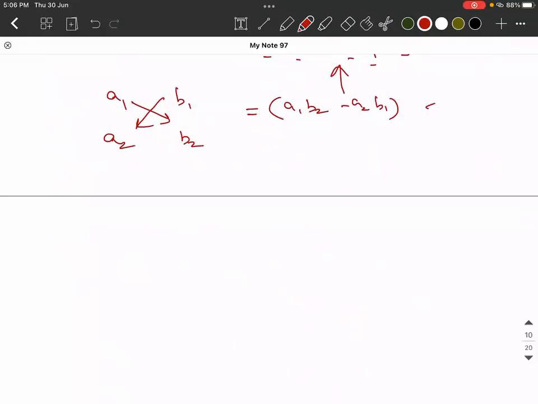One last point that is left out is equations reducible to a pair of linear equations in two variables. Go to page number 55. Equations reducible to a pair of linear equations.